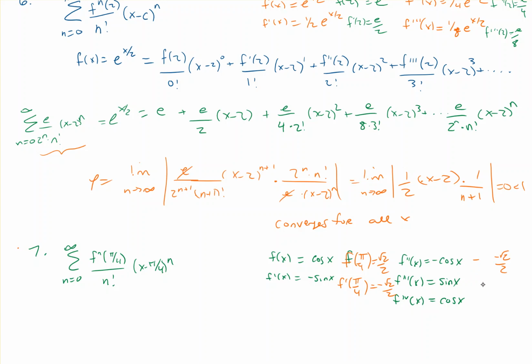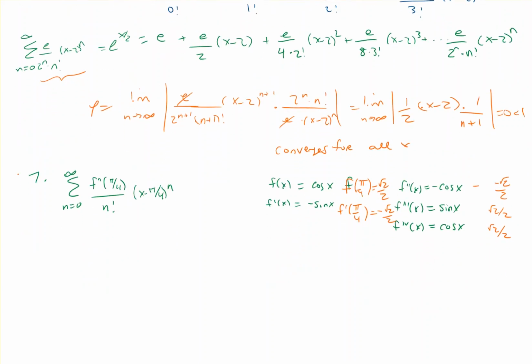F triple prime of pi over 4 is going to be back to positive. So it kind of alternates every other one, right? Thank goodness they're only asking for the first 5 terms, because this would not be fun to worry about the signs, I'll tell you that. How do you write that out where it's like positive, negative, negative, positive, positive, negative, negative, positive, positive? That would be hard to write out. So luckily they didn't ask us for the general term. Thank you. Appreciate not having to write that out.